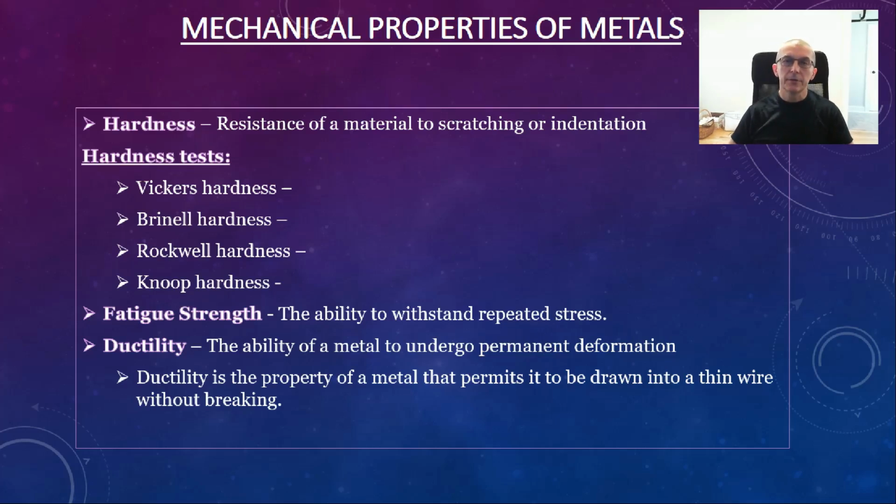This is particularly true of copper. We of course use a lot of copper wire in our electronics, and this is how it's made. It's basically pulled from a bigger chunk of copper and drawn through a little hole, and then it's drawn into a wire.